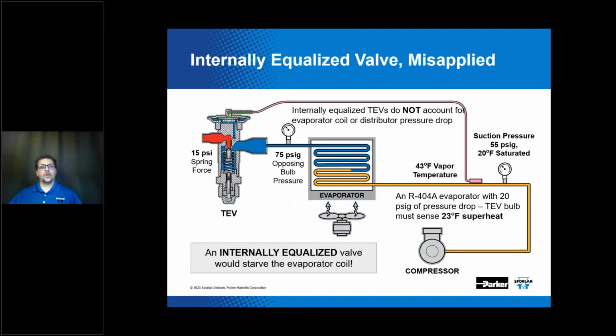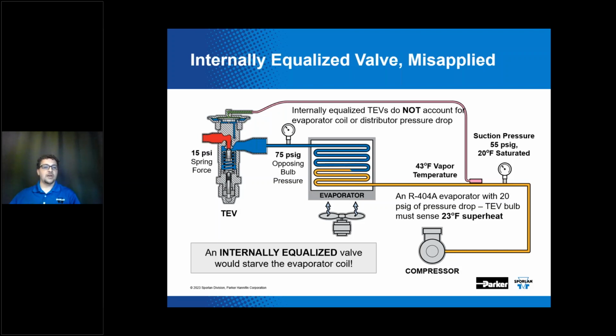All right, this is going to tie in nicely to troubleshooting, but I'm going to show you here, if you misapply an internally equalized TEV and put it on a system that really should have an externally equalized one, here's what's going to happen. That's what I'm going to show you on this slide here. So many evaporator designs have significant pressure drop through the actual coil itself.